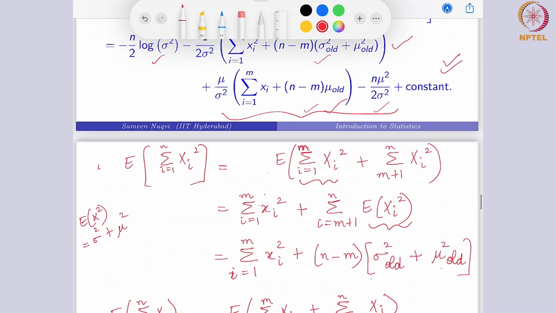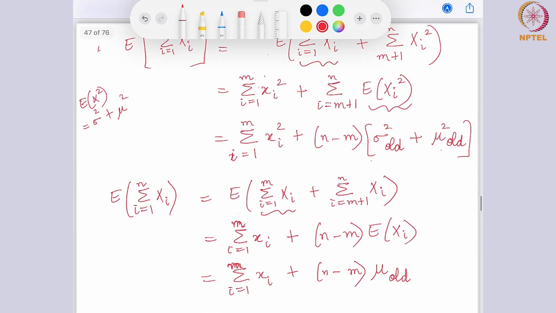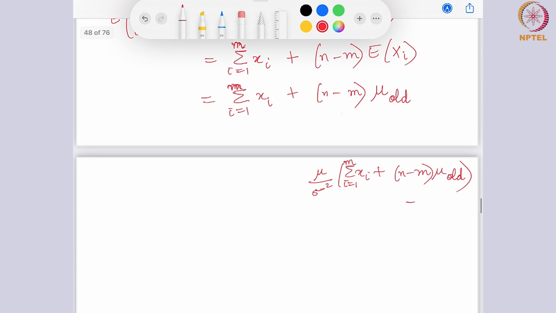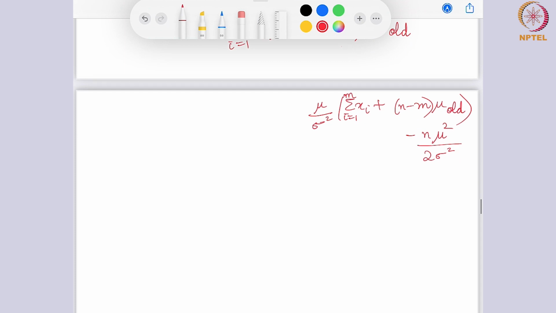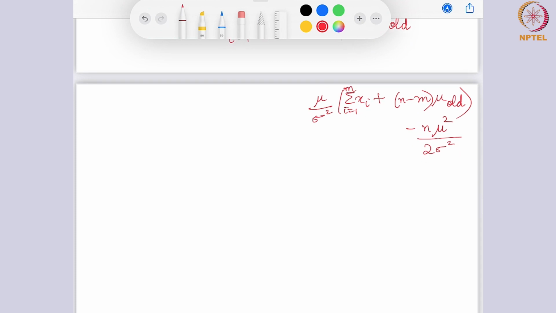This is present. Okay, minus n mu square over 2 sigma square. Fine. So we have to differentiate it with respect to mu. When we are doing that, we can see that the first term would be 1 over sigma square. So differentiating with respect to mu.